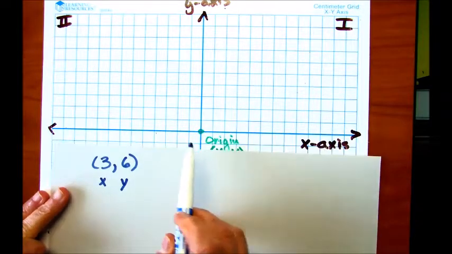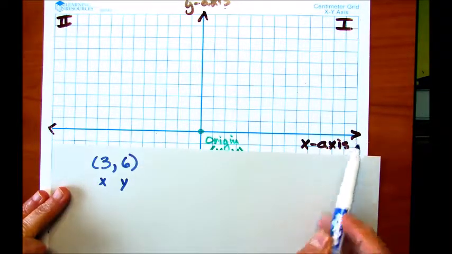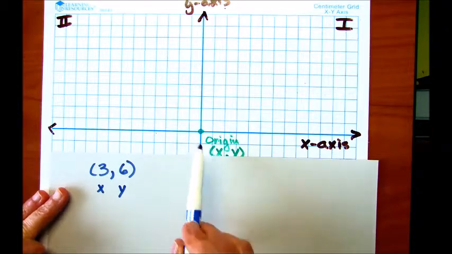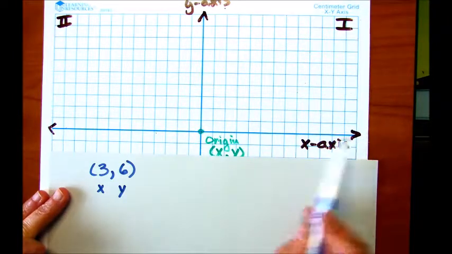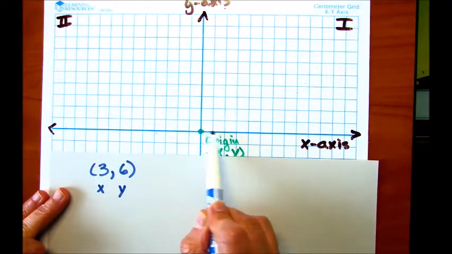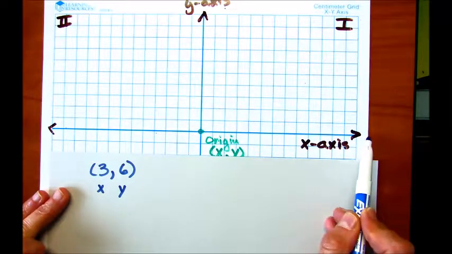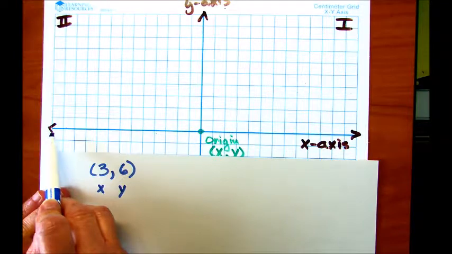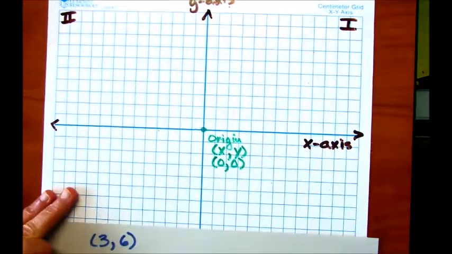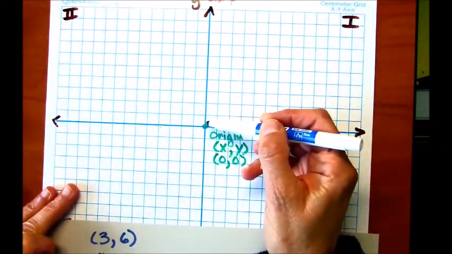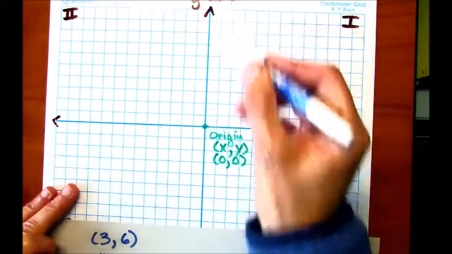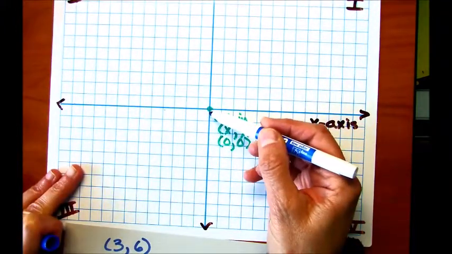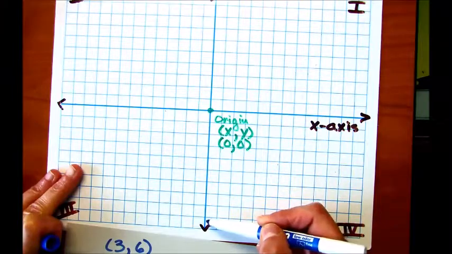So if this is my x-axis, and notice that it goes in both directions, so this would be all positive numbers, and going to the left would all be negative. Same with my y values. Everything going up past the origin would be positive, and all of these numbers would be negative numbers.